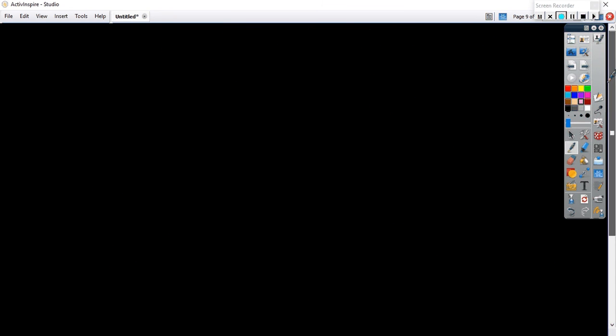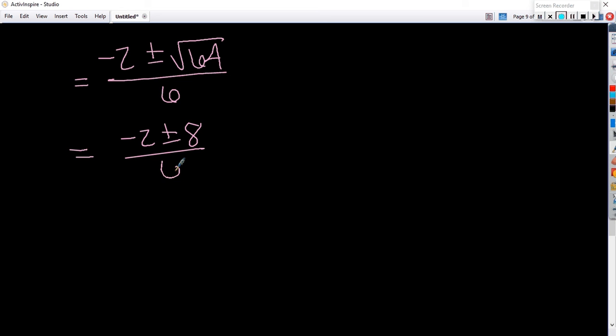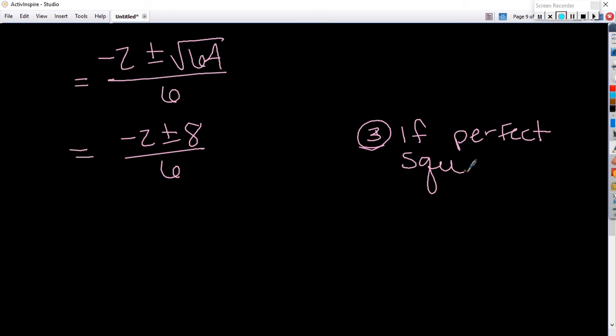Alright, so I got negative 2 plus or minus square root of 64 over 6, right? Y'all said that's 8, and you're right. Plus or minus 8 over 6. Since this one's a perfect square, split it up.